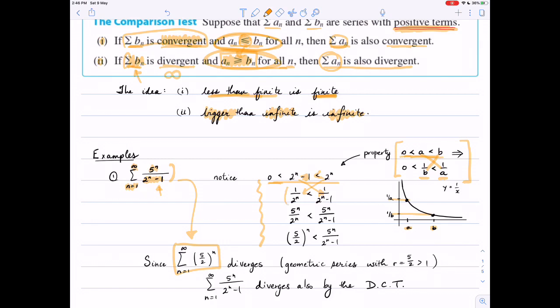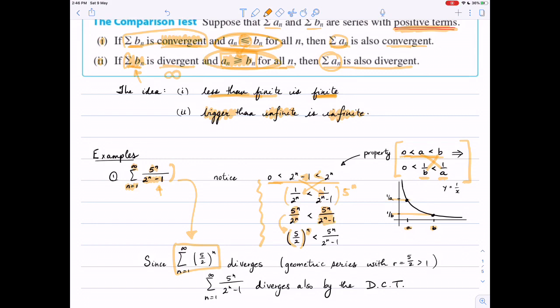Now, I can just multiply that inequality by a positive term, 5 to the n. So 5 to the n over 2 to the n is less than 5 to the n over 2 to the n minus 1. And do you see what I've done here? 5 to the n over 2 to the n is 5 over 2 to the n. That is our geometric series.